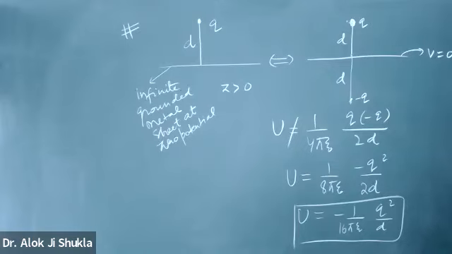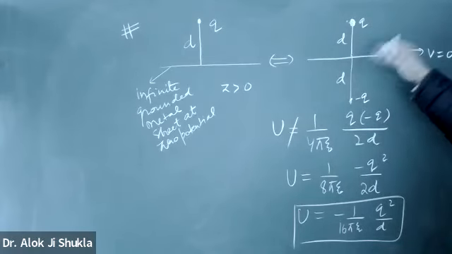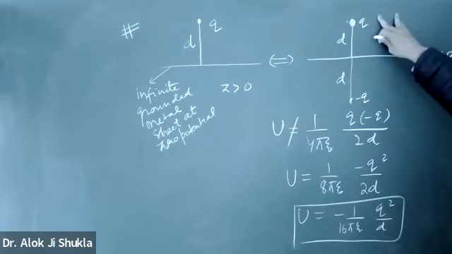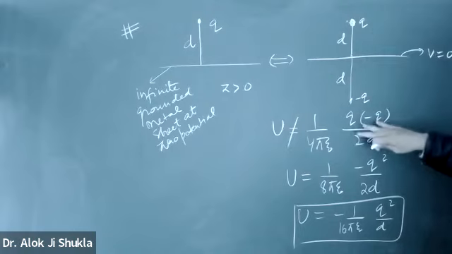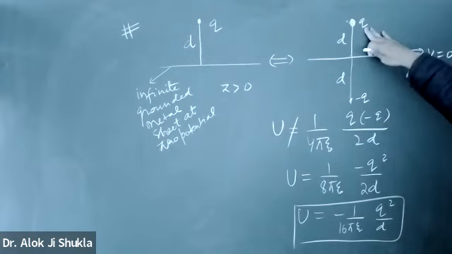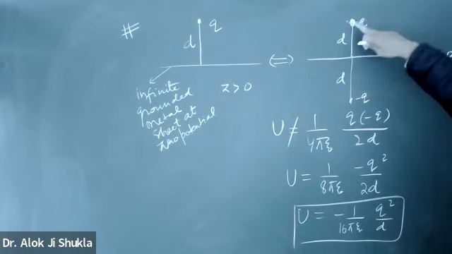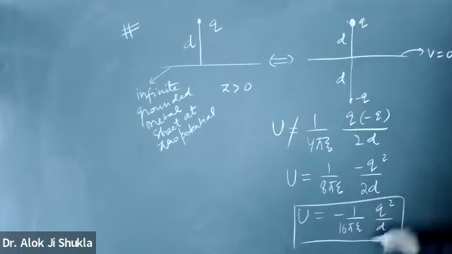So this is very important, that it was okay to get the potential, okay to get the force in this region. But while calculating energy, you have to again go back to the basics and calculate what is the amount of work done in bringing this charge from infinity to a point here. And that will come out to be this much.